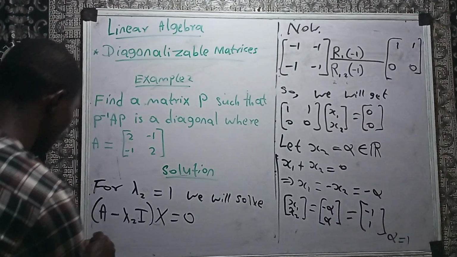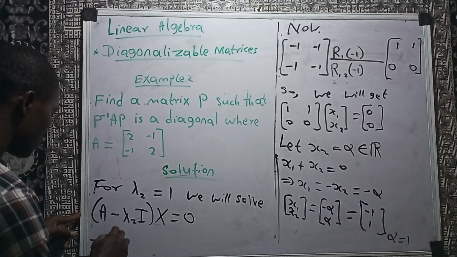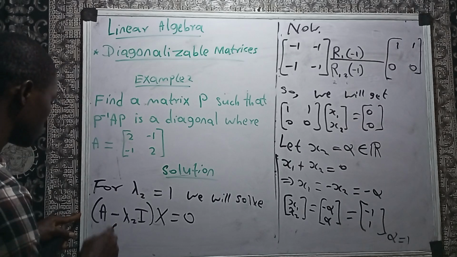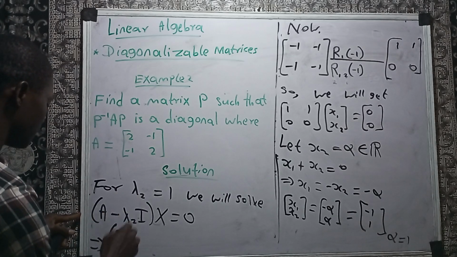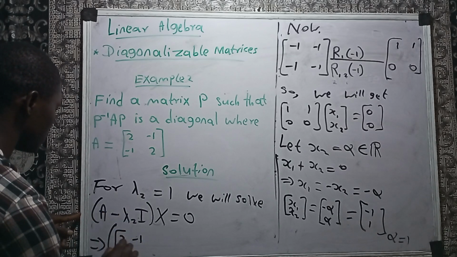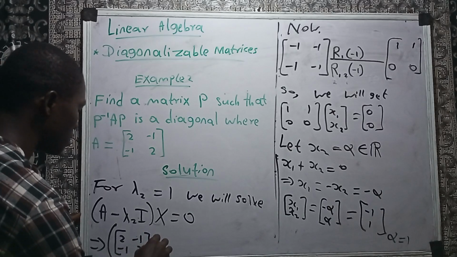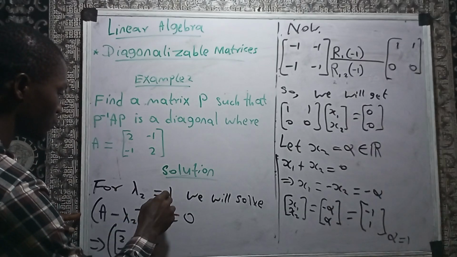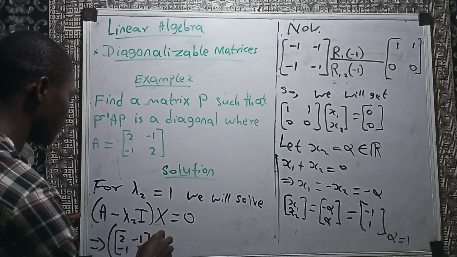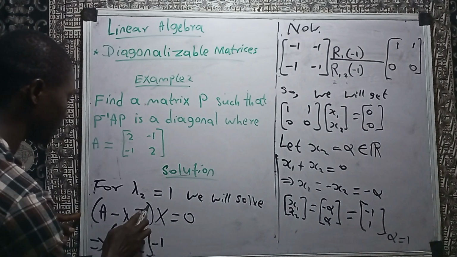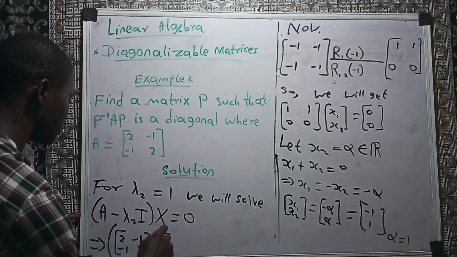So this implies our matrix A, we have it on the board, minus our lambda 2, which is 1, multiplying the identity matrix.